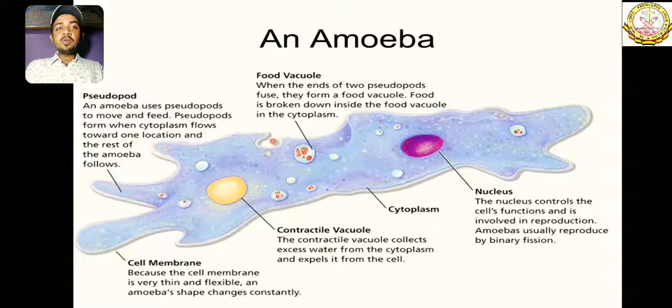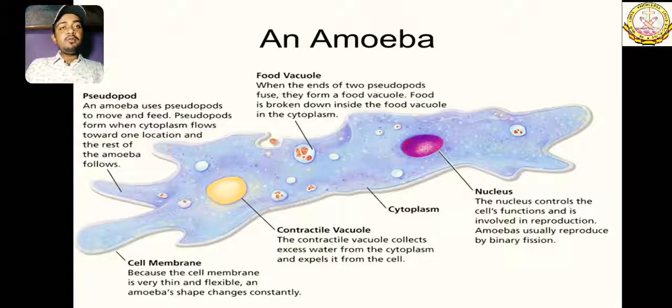Contractile vacuole is also present, which is a very distinct characteristic of this kingdom. The contractile vacuole collects excess water from the cytoplasm and expels it from the cell. All types of waste materials, not only excess water, are excreted through these contractile vacuoles.